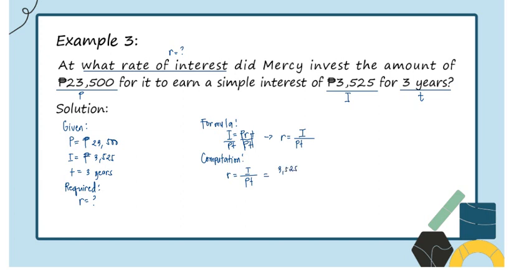And then, yung P is going to be 23,500. Tsaka, yung ating time is 3. So, we could do that. And then, of course, we do those in parentheses first. So, we could do yung denominator muna. So, ilan yung 23,500 times 3?